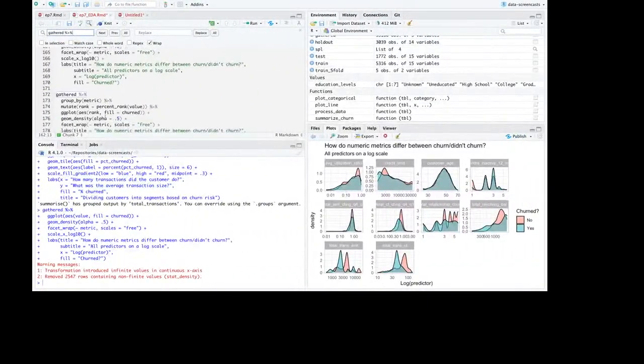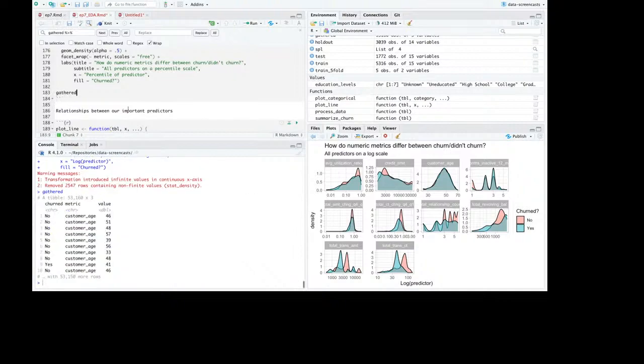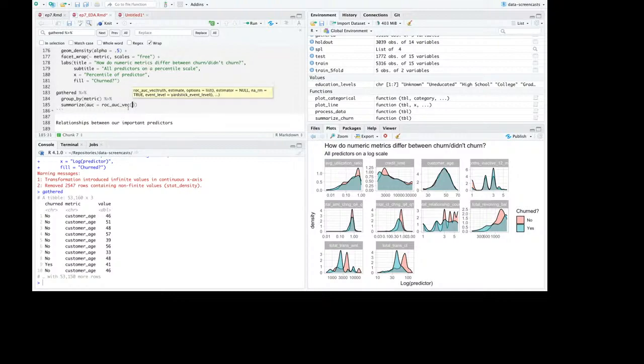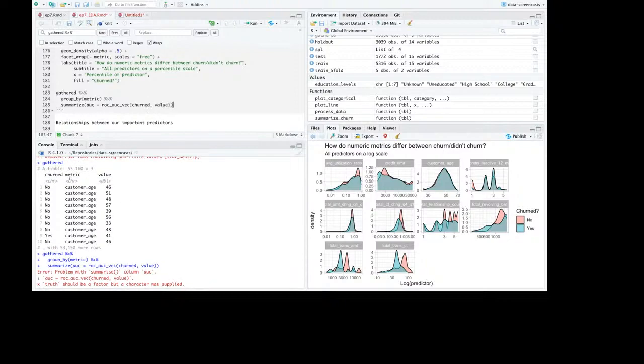Wait till I get this, but let me do it anyway. What I'm gonna do is say gathered, group by metric, summarize AUC is ROC AUC of VEC of churned by value, churned value.